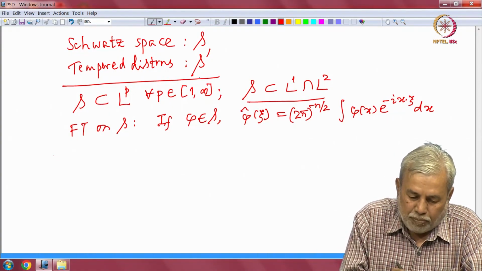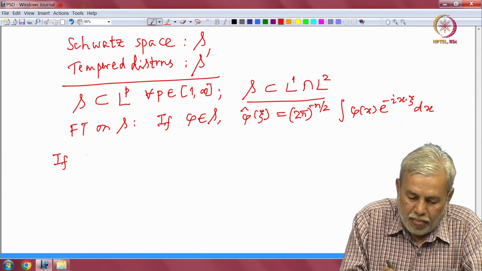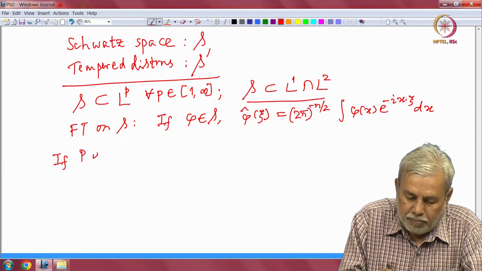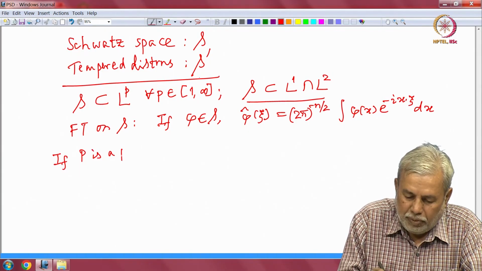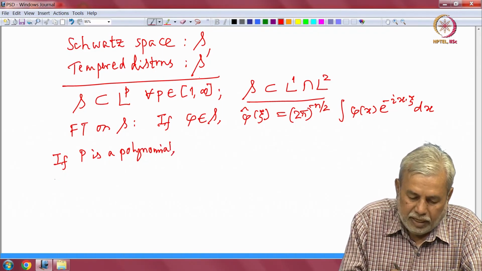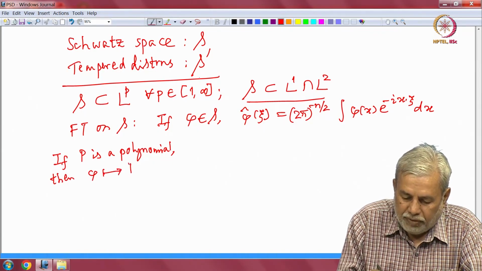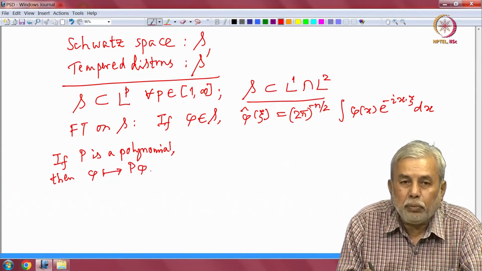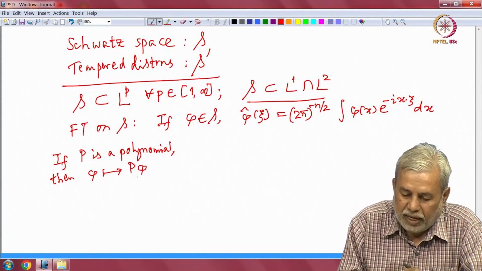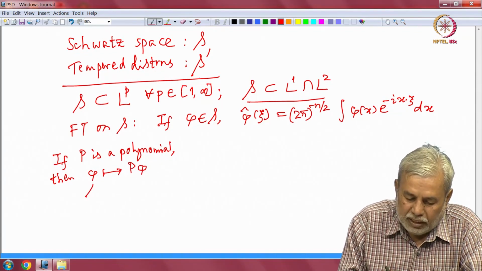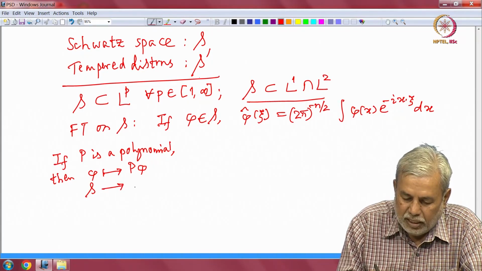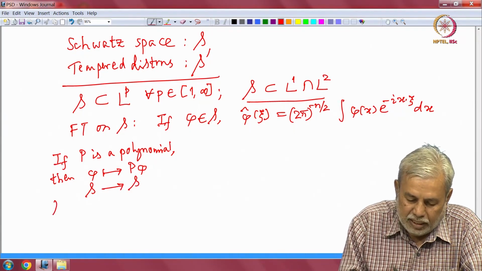So if P is a polynomial, then phi going to P phi, which is just multiplication, you multiply the function phi by a polynomial. This is from S to S, linear and continuous.